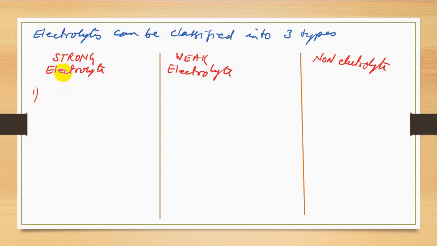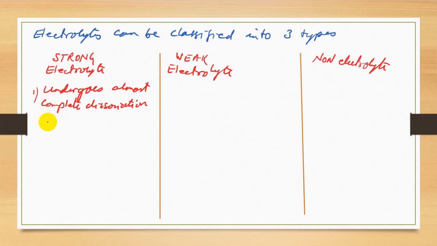So a strong electrolyte undergoes almost complete dissociation when dissolved in water or in its fused state.